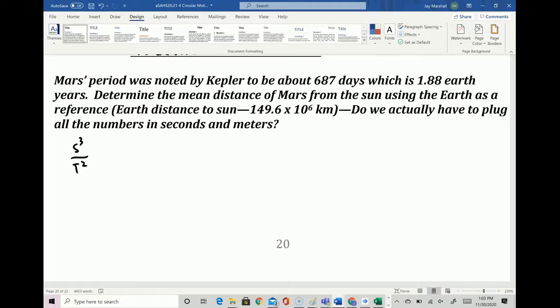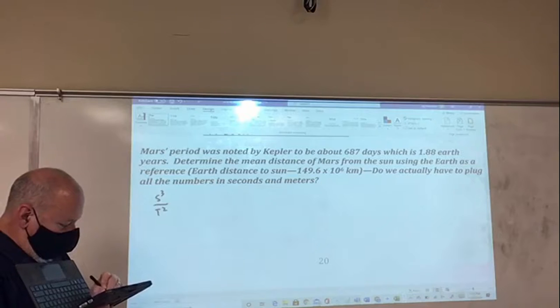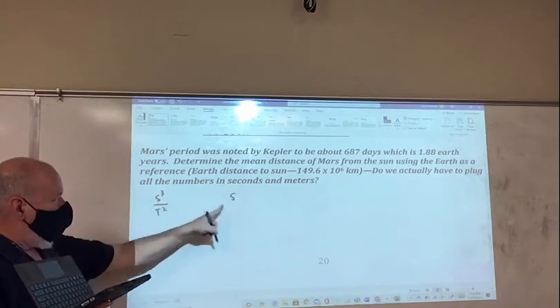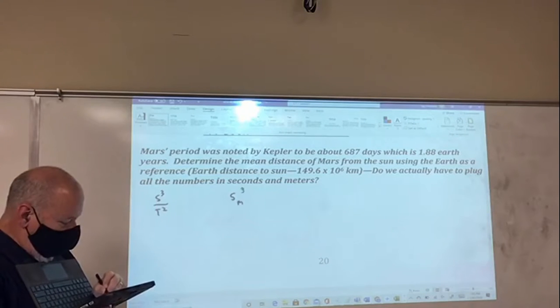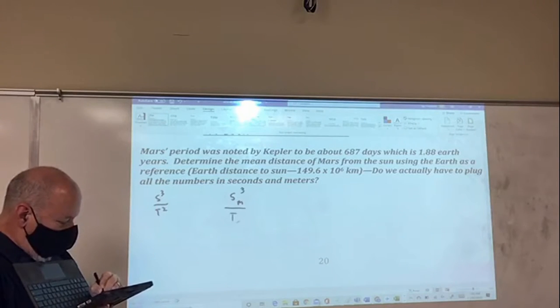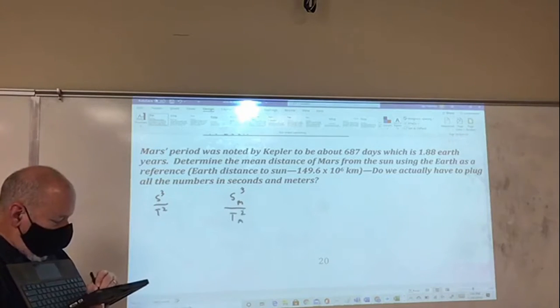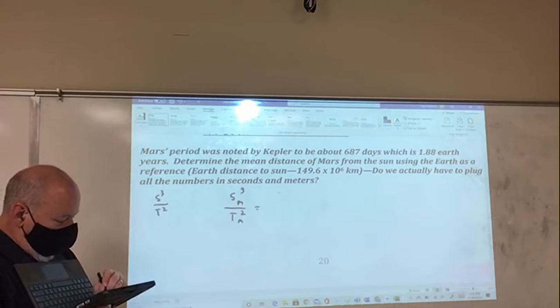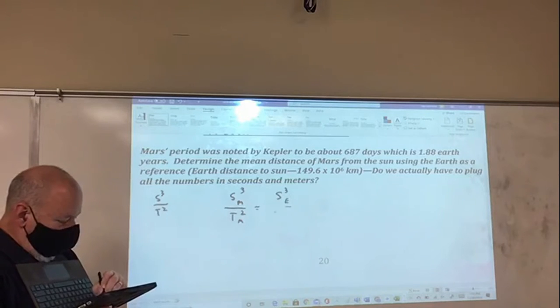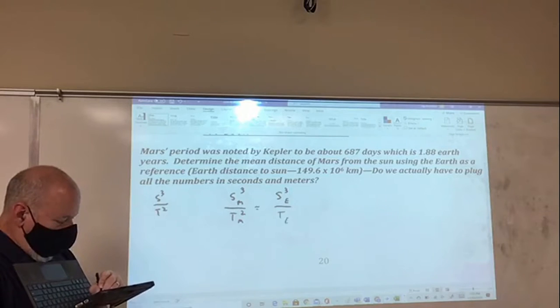So we want to know how far Mars is from the sun. And so we can say the distance, and that's going to be the letter S in this case. The distance of Mars from the sun cubed divided by the square of its period is going to be equal to the distance of the Earth from the sun cubed divided by the Earth's period squared.